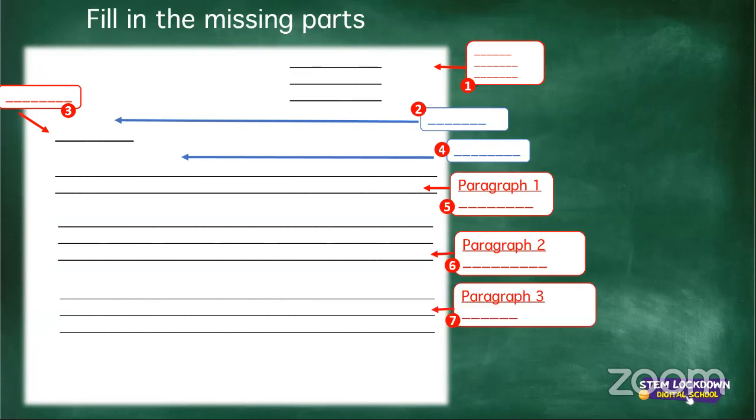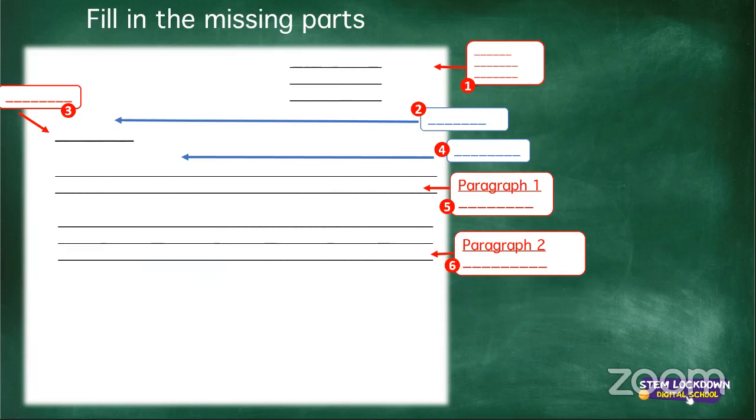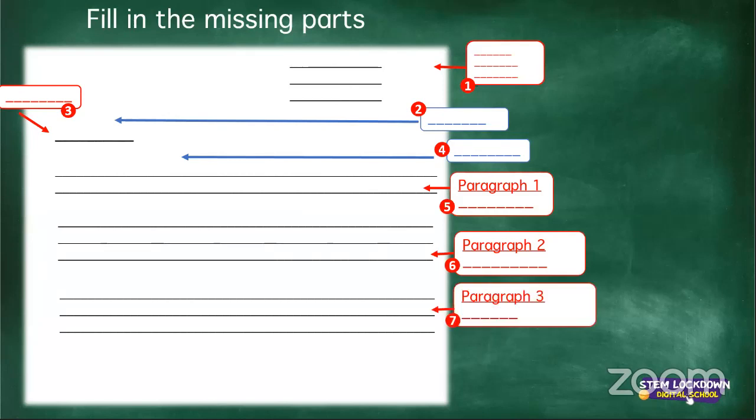That's the middle paragraph. What is the main thing in paragraph 2? What do you think? Paragraph 1 was something. Paragraph 2 is the main paragraph. What goes in the main paragraph? And now we've done all that and we're going to the third paragraph, the final paragraph. What is the final paragraph?